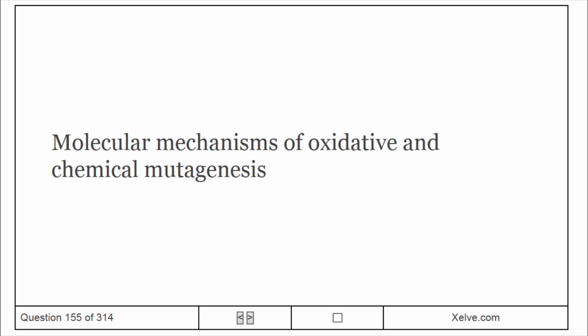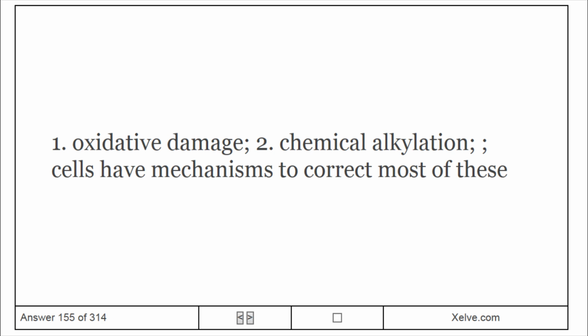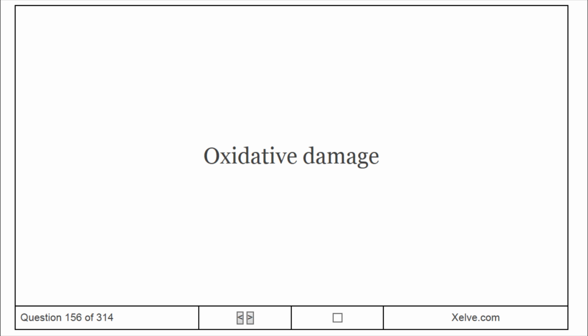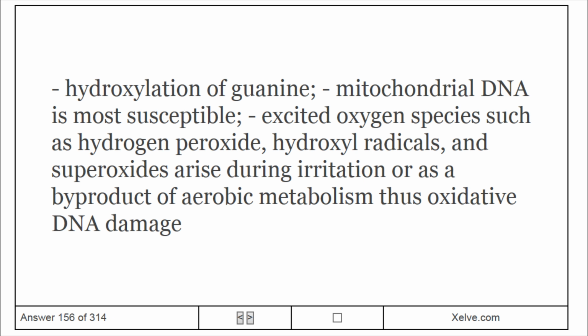Molecular mechanisms of oxidative and chemical mutagenesis. 1. Oxidative damage. 2. Chemical alkylation. Cells have mechanisms to correct most of these. Oxidative damage: hydroxylation of guanine. Mitochondrial DNA is most susceptible.